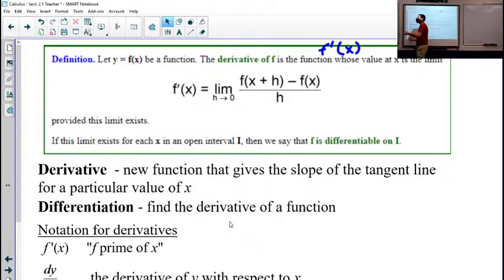And if the derivative exists, if we can find a derivative at that point, we say that the function is differentiable at that point. And it's going to be very closely related to continuity. It's the same idea as differentiability.